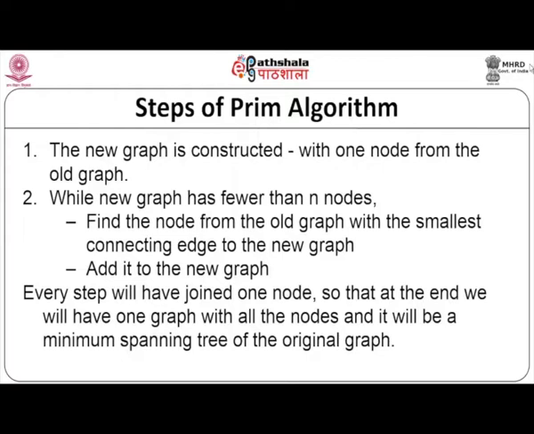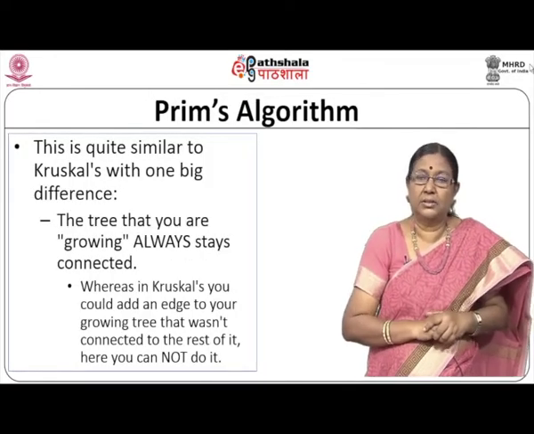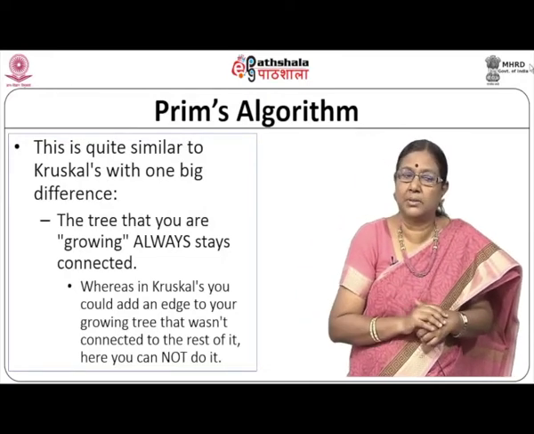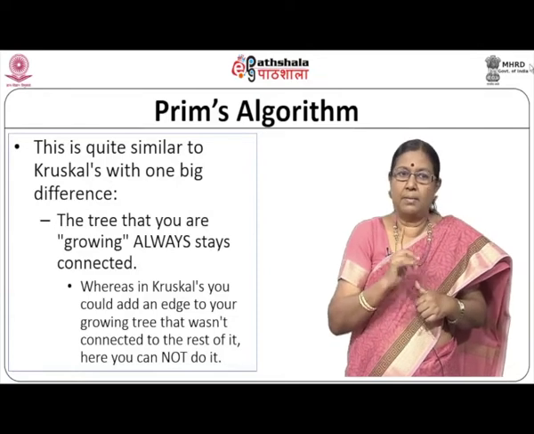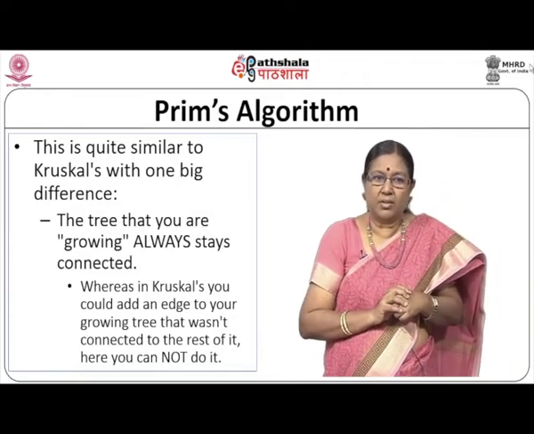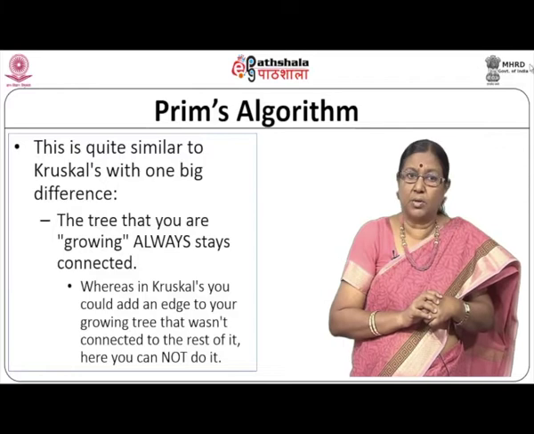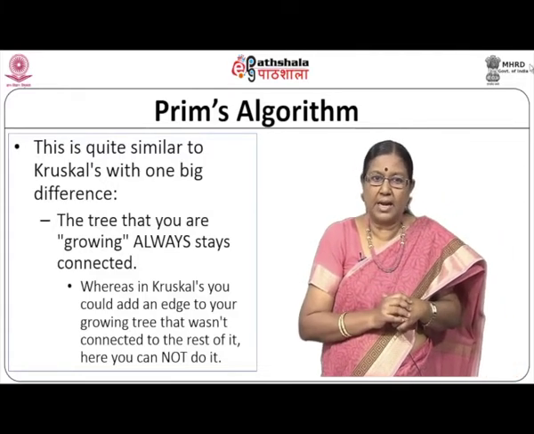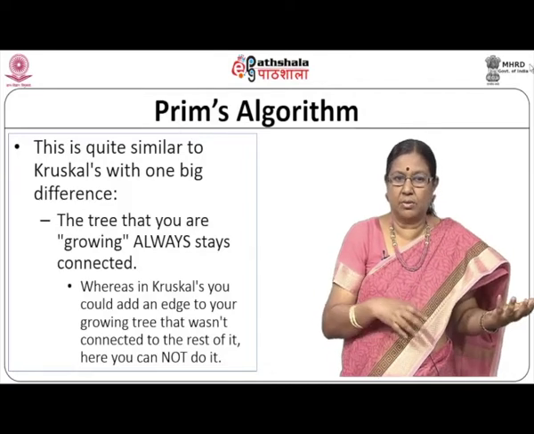of the original graph. So, this is quite similar to Kruskal, because what we want to do is find the minimum spanning tree. However, there is one major difference. The tree that you are growing will always stay connected, but in Kruskal you could add an edge to your growing tree that was not connected to the rest of it.